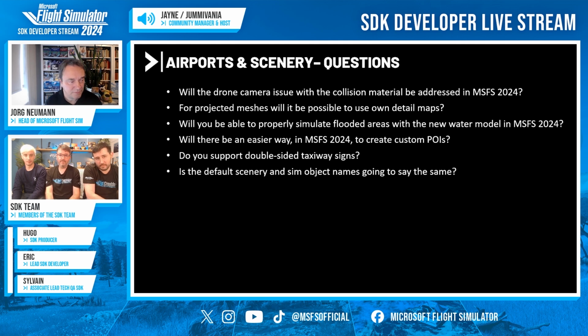Yeah. And are the default scenery and sim object names going to stay the same? I think in sceneries, we don't really refer to objects through their names, but rather through their GUIDs. And sim objects are referred to by their title or name, if you want.